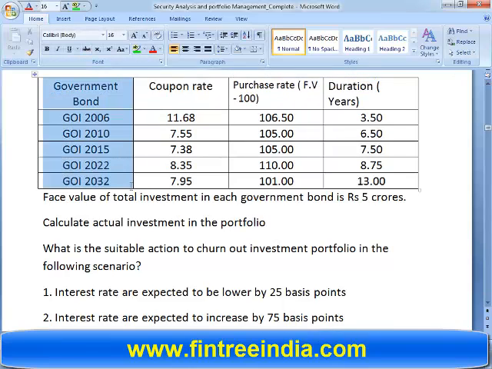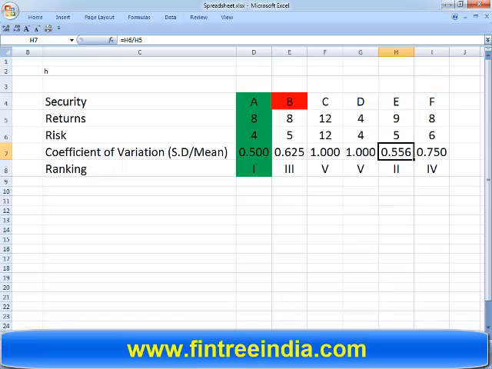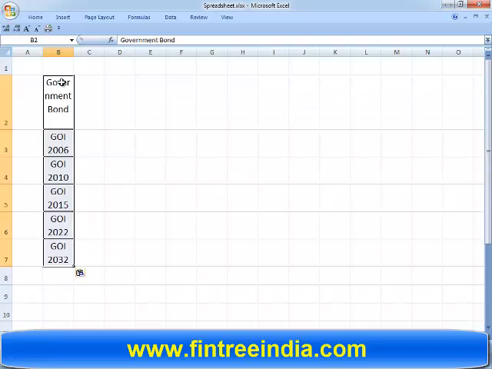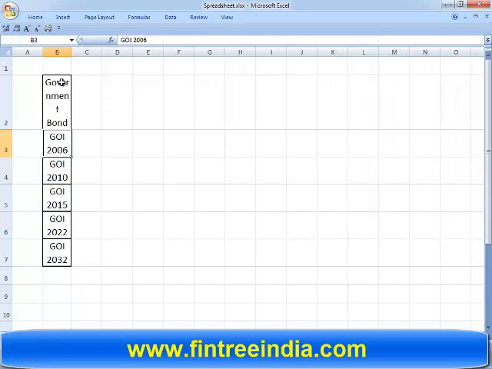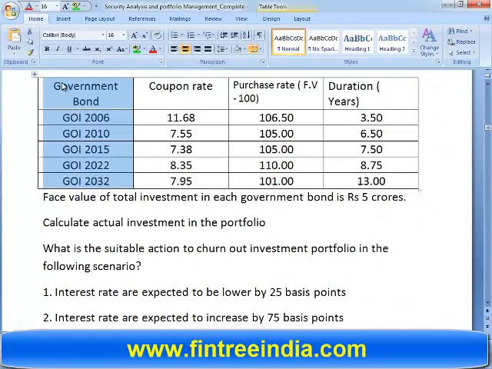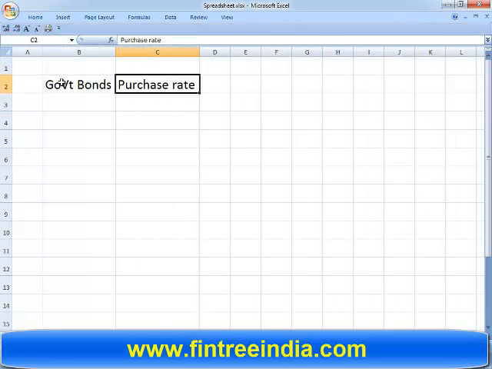So here we will say government bond. Let me first make the columns here, then you can copy. First column would be government bonds. Second column would be purchase rate. Third column we will say actual investment.